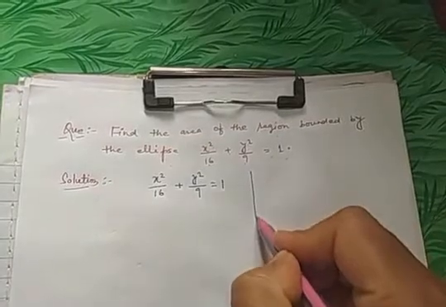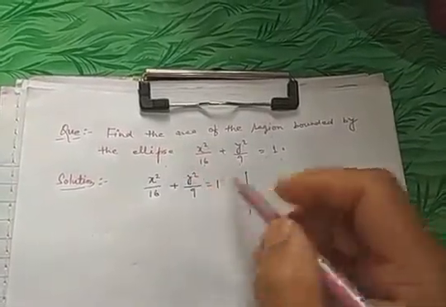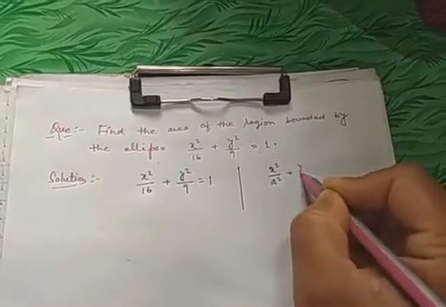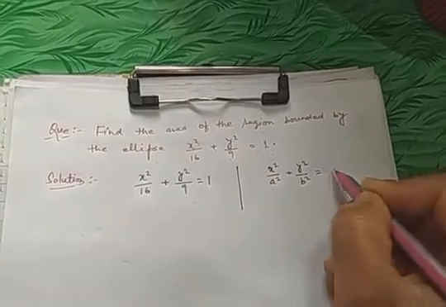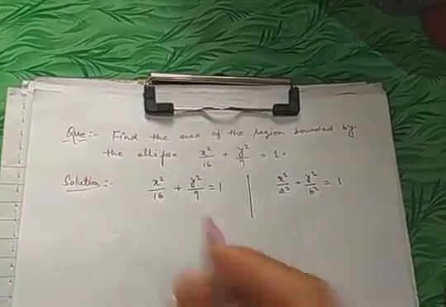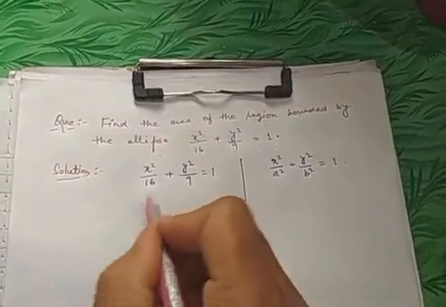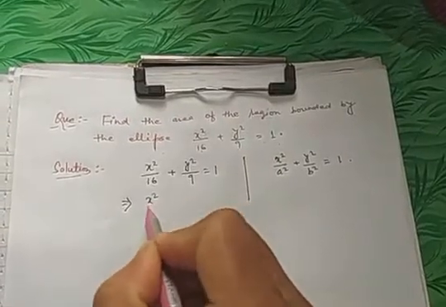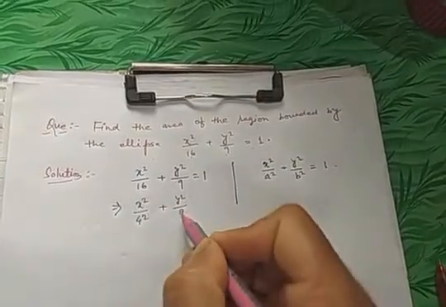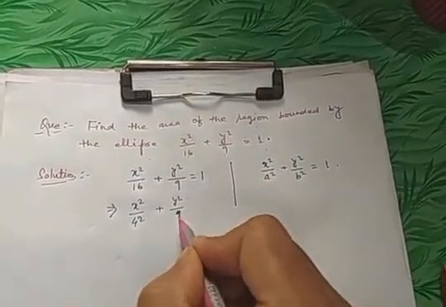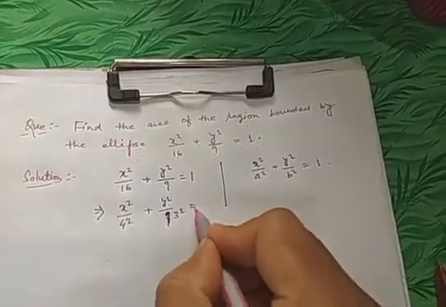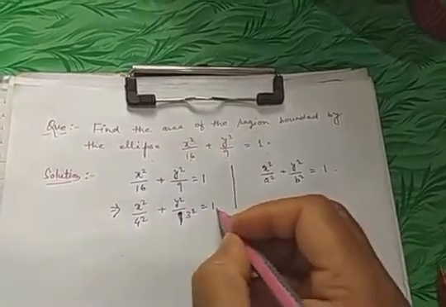And we know, students, that the standard form of the equation of an ellipse is x square upon a square plus y square upon b square is equal to 1. So here we can write x square upon 4 square plus y square upon 3 square is equal to 1.